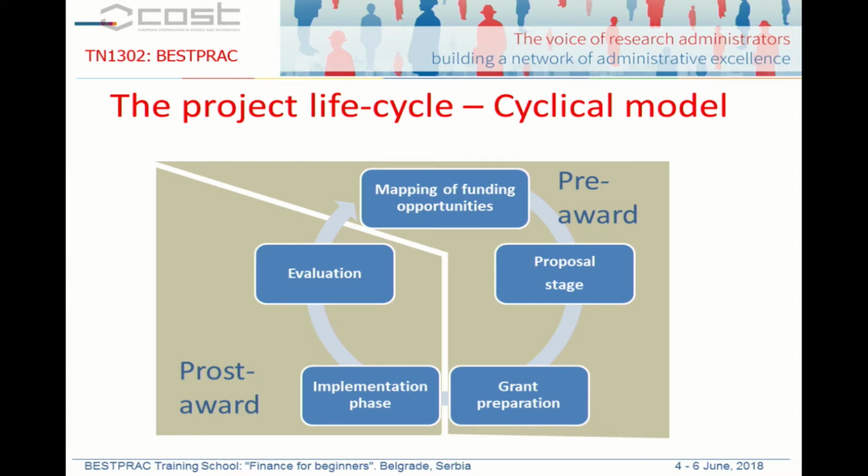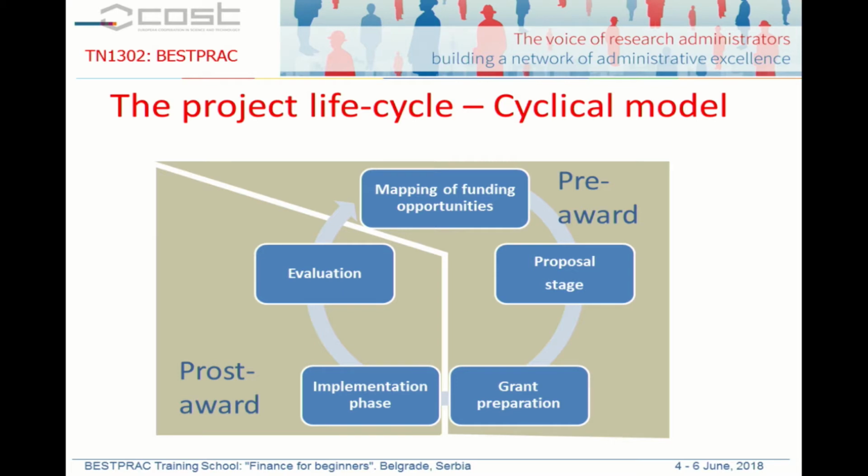But the project lifecycle, in the context of research projects, we could use the stages that I put up here as one suggestion. You have the mapping of funding opportunities, where research advisors look for calls in Horizon 2020, or even in the draft work programs, and try to match those opportunities to researchers in their organization.